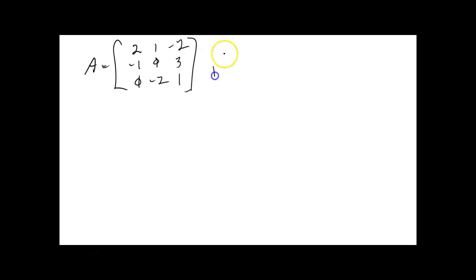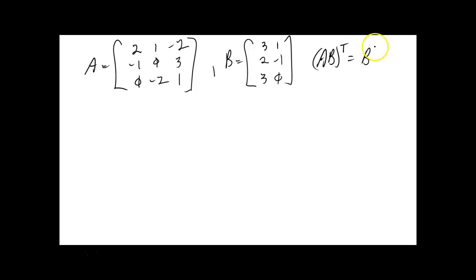And here's our B: 3, 1. 2, negative 1. And 3, 0. All right. Now, what we're trying to show is AB transposed is equal to what? B transpose A transpose. Okay. That's what we're trying to show.